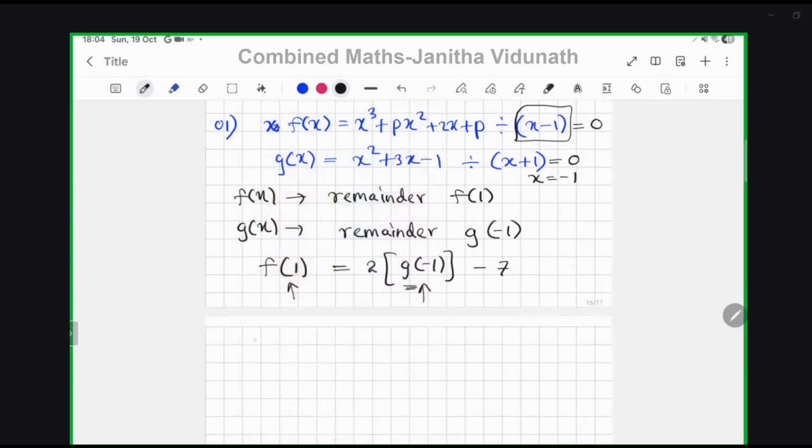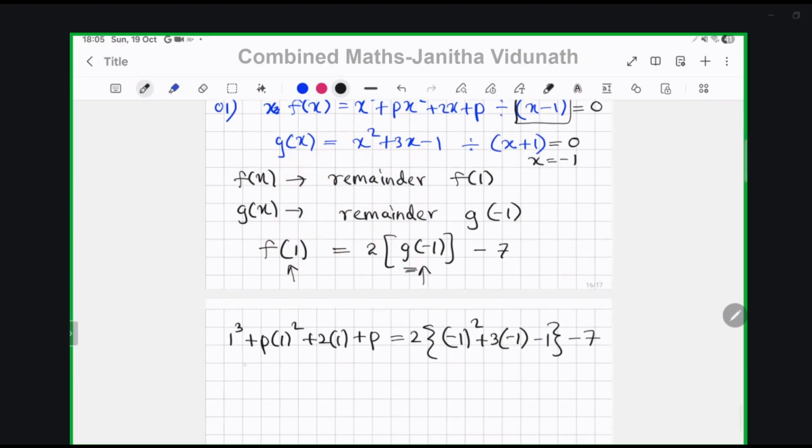Okay. f(1) means 1 cube plus p times 1 square plus 2 times 1 plus p equal twice g(minus 1), which means minus 1 whole square plus 3 times minus 1 minus 1, minus 7.